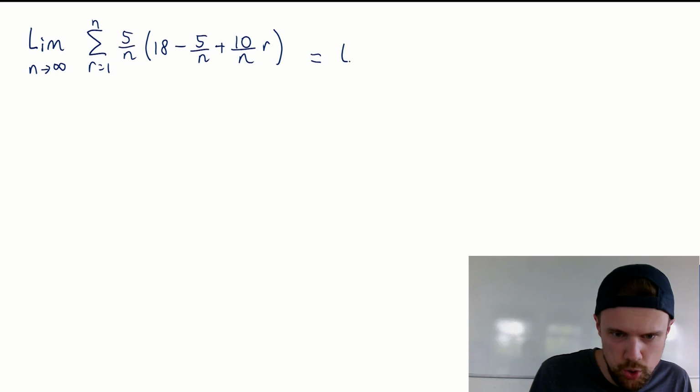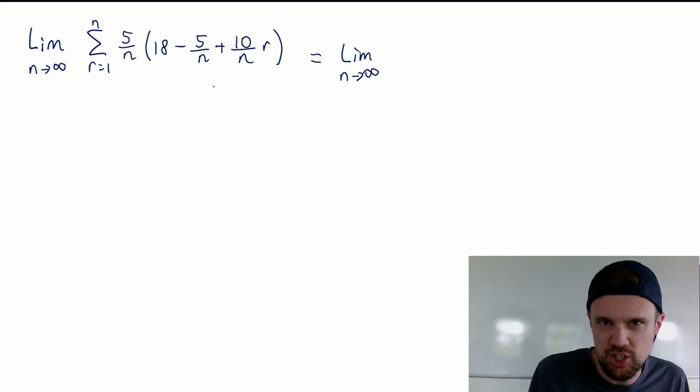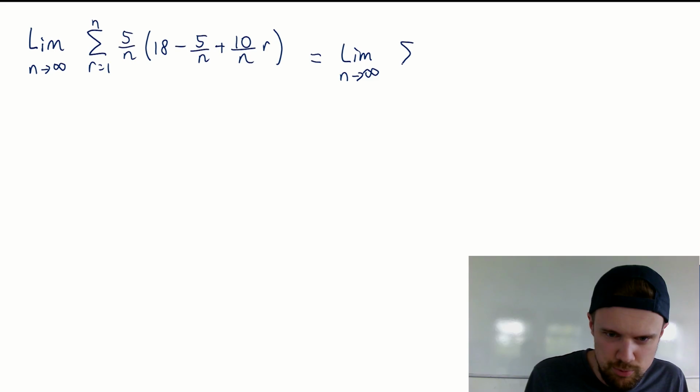Okay, so to deal with this, I'm first going to multiply the brackets. Admittedly, you could choose to move that 5 over n out the front of the sum, but in the long run, I'm going to have to do this multiplication anyway. So it's completely up to you whether you do it at this stage or not. I'm choosing to, so whatever.